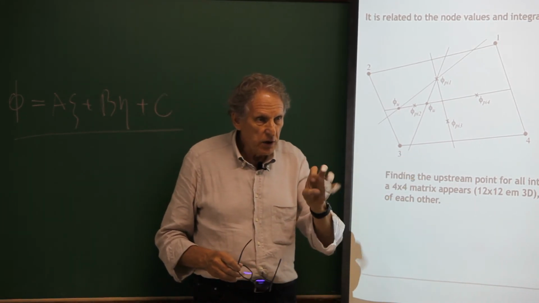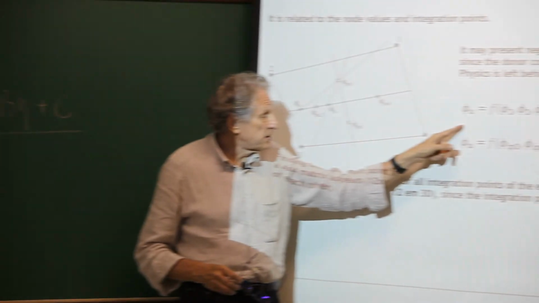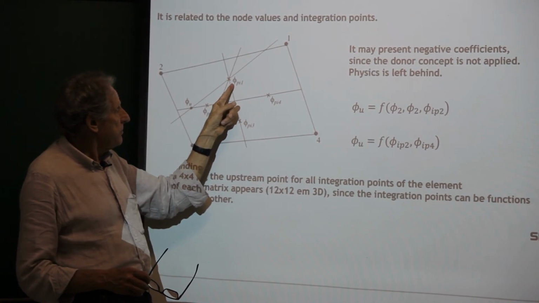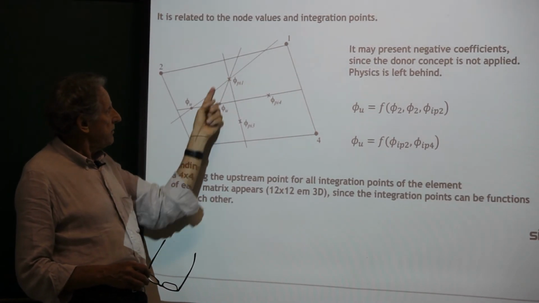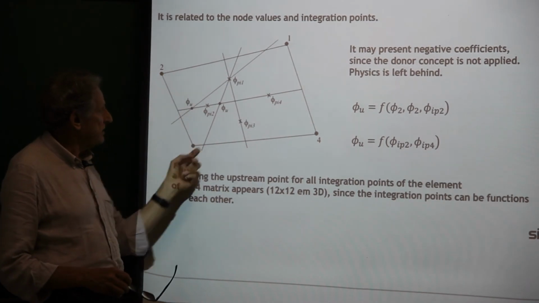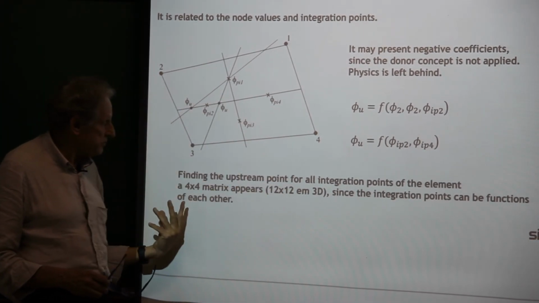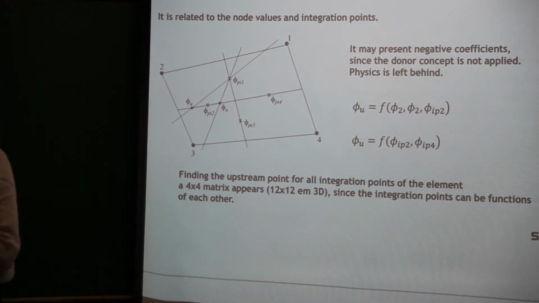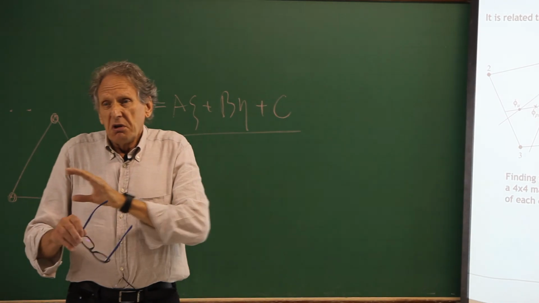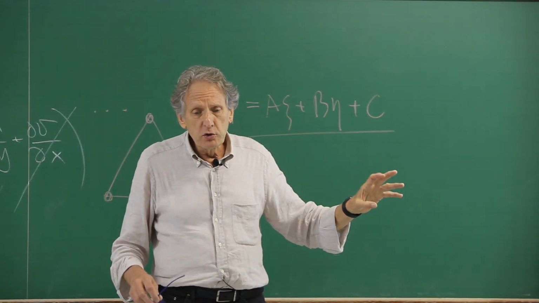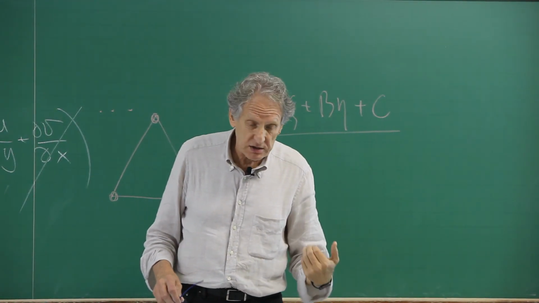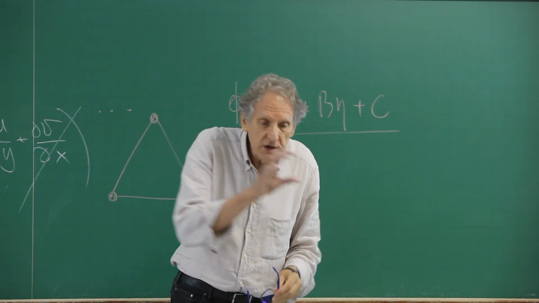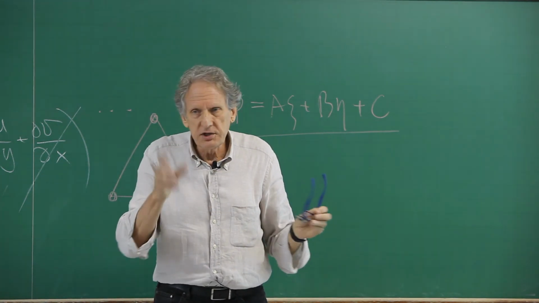Can you see that? It's going to be a matrix, because the phi in P1 would be a function of all this, and also a function of upstream. So it will be a 4 by 4 matrix in 2D and a 12 by 12 matrix in 3D. If you say I'm not going to put my phi upstream as functions of other integration points, only from the nodal points, there will be some averaging also.